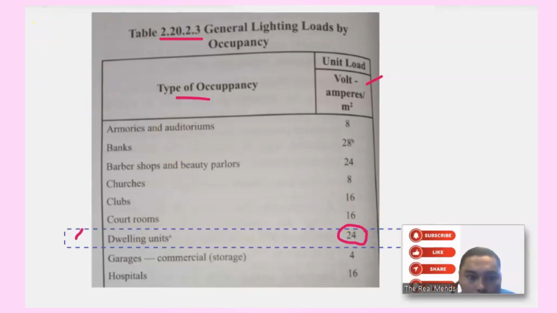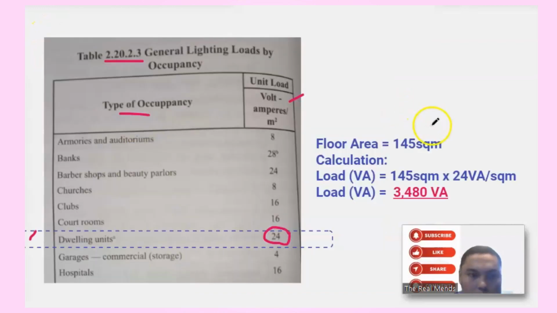So if we need to calculate this one, we have given the floor area, which is 145 square meter. So for the calculations, 24 VA per square meter, multiply mo ng 145, cancel out the square meter. So the total load for lightings and receptacle is 3,480 VA. So we will use this value doon sa ating calculations.